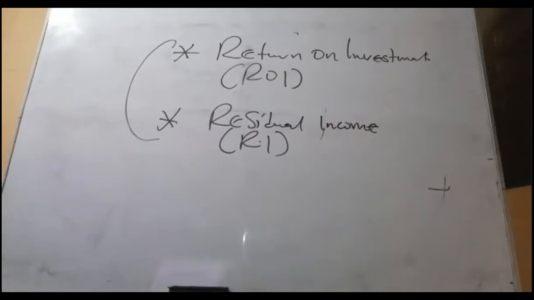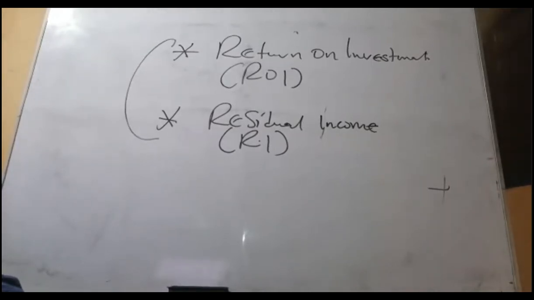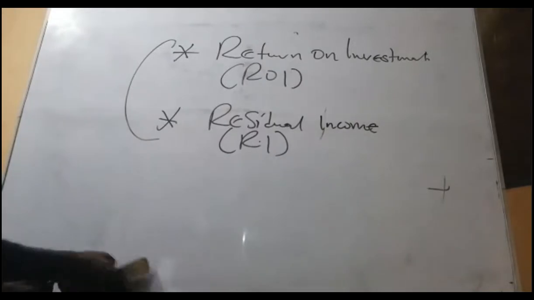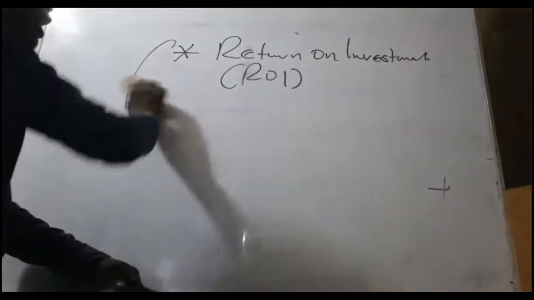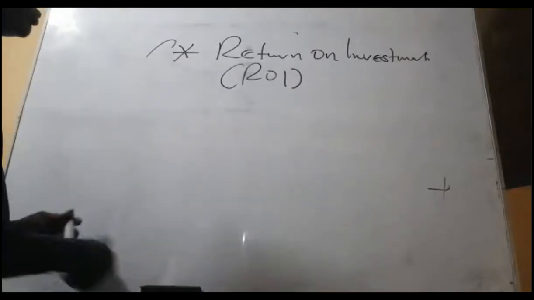Now, return on investment is generally regarded as the key performance measure. In fact, we like using it. You can also call it the accounting rate of return. Why do we like using the return on investment? Because it conforms with the accounting practice. Let's look at the formula.